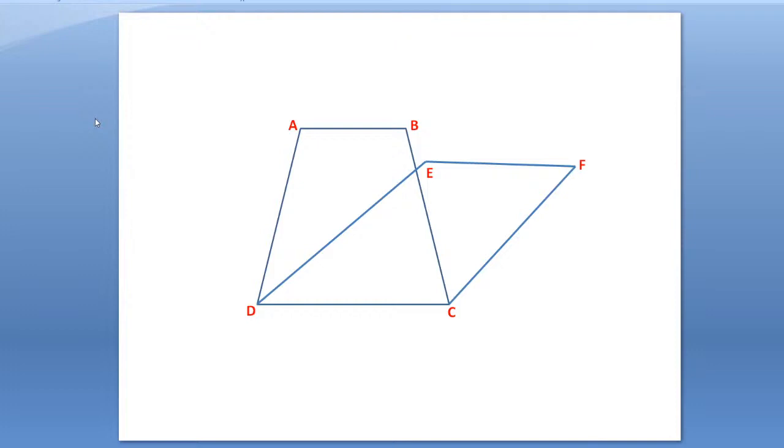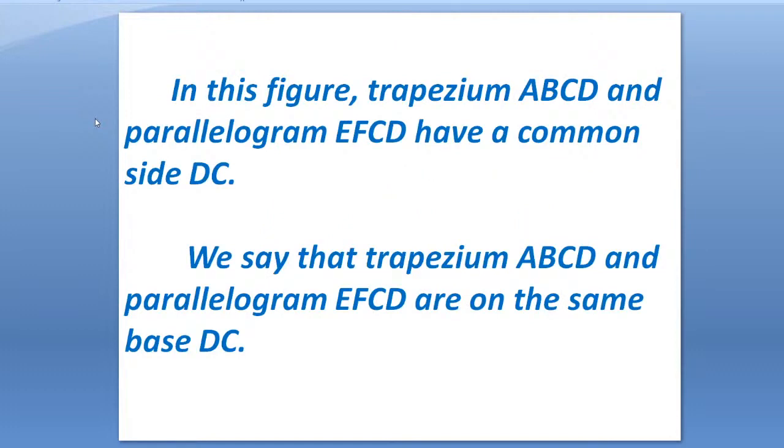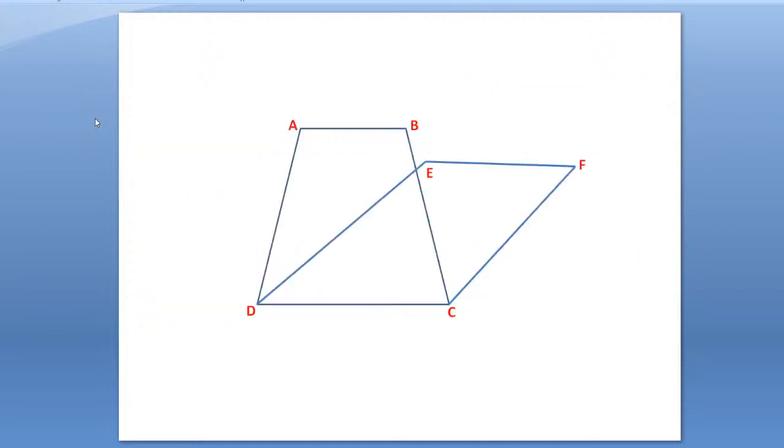Parallelogram and trapezium. ABCD is a trapezium, EFCD is a parallelogram. So in this figure, trapezium ABCD and parallelogram EFCD have a common side DC. Again, this is the common side for both trapezium and parallelogram.